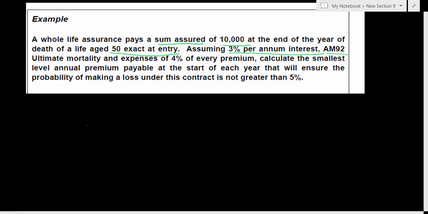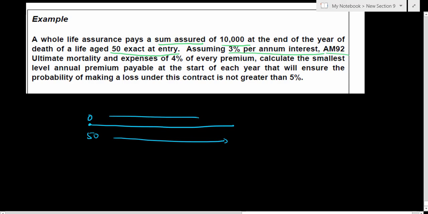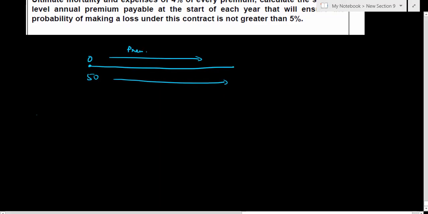Since we are determining the amount of premium here, we are obviously at time 0 now, and this person is aged 50, and has taken a whole life assurance policy with premiums payable throughout life. The benefits are payable at the end of the year of death, and the premiums are payable in advance. So at time 0, when we are determining this premium, the amount of loss can be represented as a random variable, the net future loss random variable.